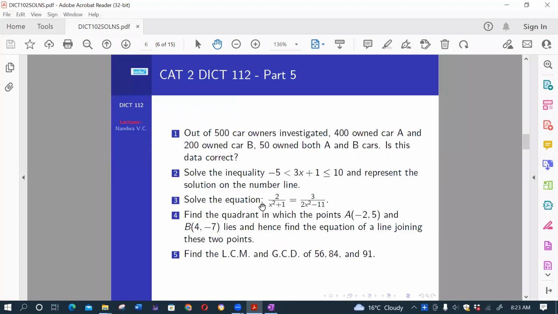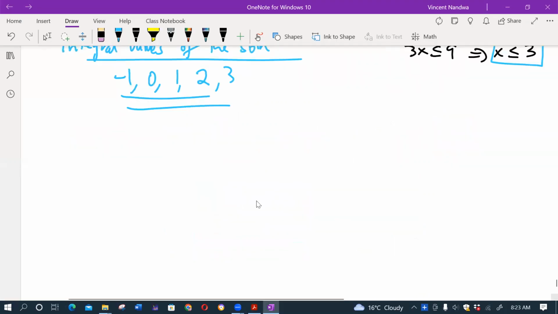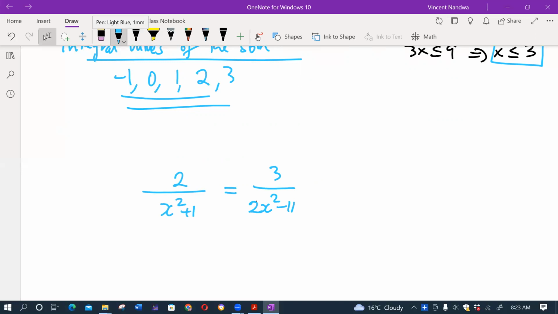Then solve the equation 2 over x squared plus 1 equals 3 over 2x squared minus 11. So the easiest way is to cross multiply.